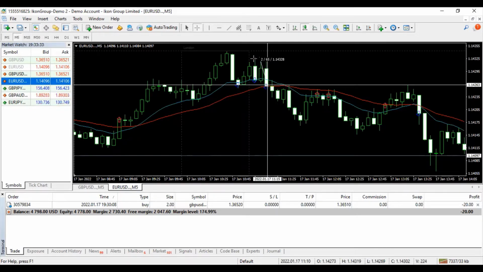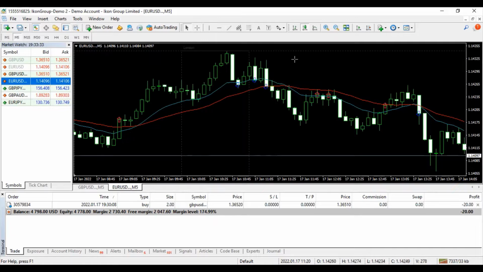Now I wanted to mention this. I usually use 4 pips to 8 pips. I believe that setting is good for beginners. Even though you might have some losses, in the long run, you always win. However, for those who are intermediate or advanced traders, you know how you can make these things work.